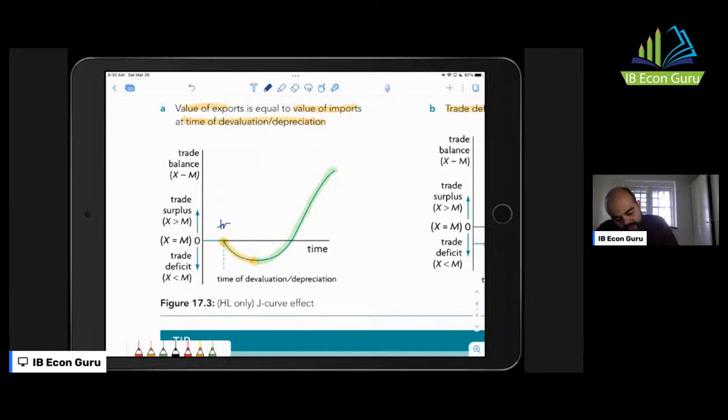Okay, so trade deficit in the short run because the foreign demand for your exports is inelastic, and domestic demand for imports is inelastic, while there will more likely be a trade surplus in the long run as foreign demand for your exports becomes more elastic and domestic demand for imports becomes more elastic.